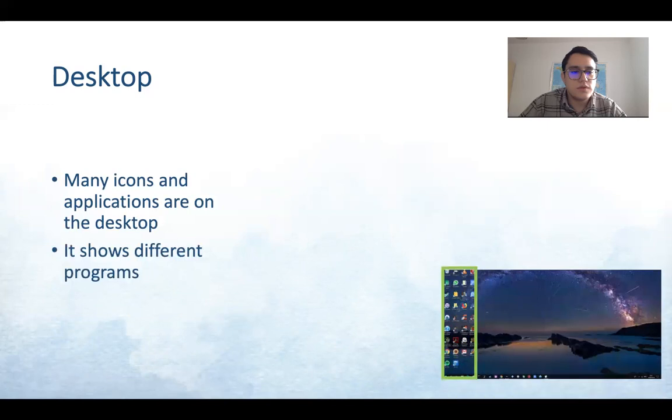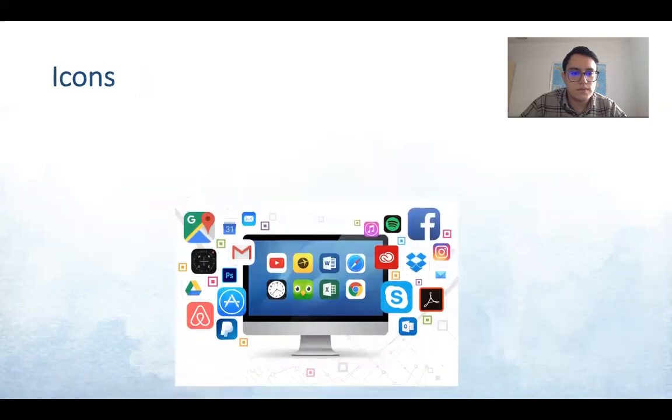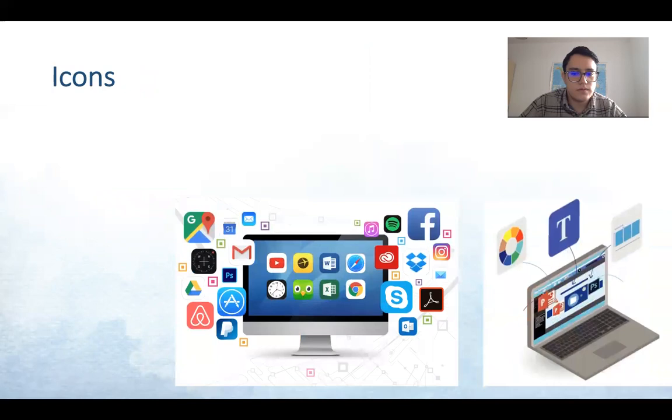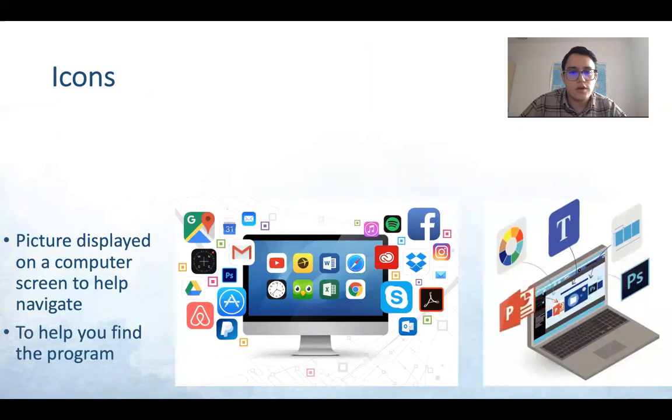It shows different programs, as you can see here. So all these are called icons. Picture displayed on a computer screen to help you navigate. This is the explanation of icons, to help you find the program that you are looking for.